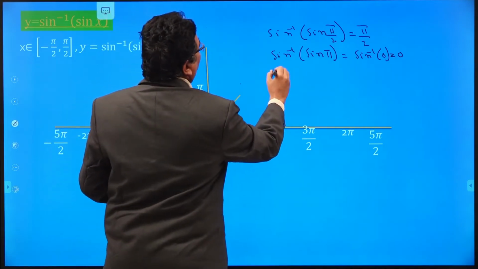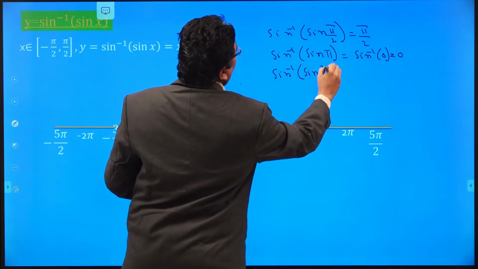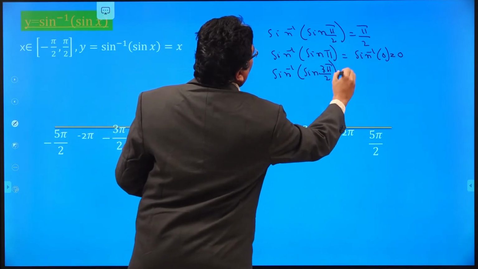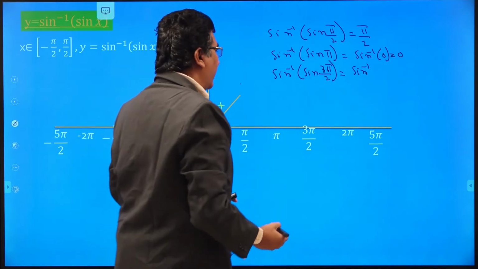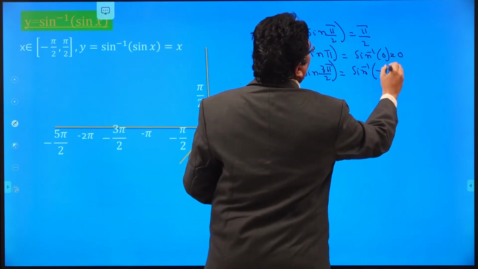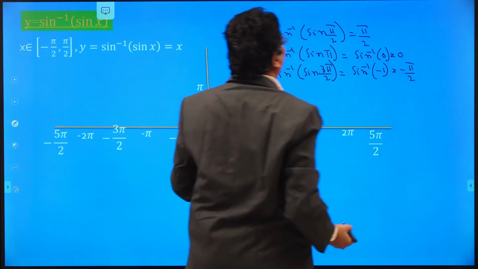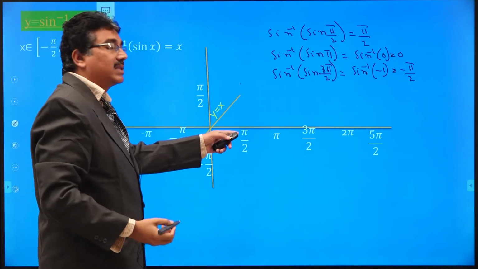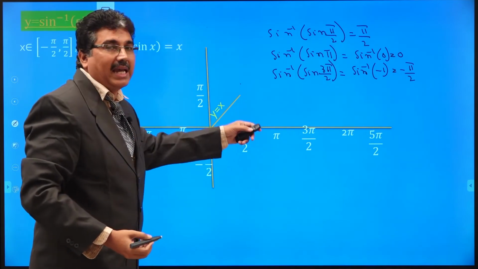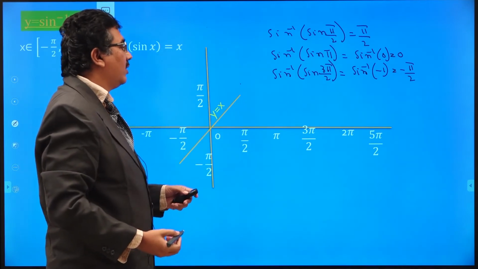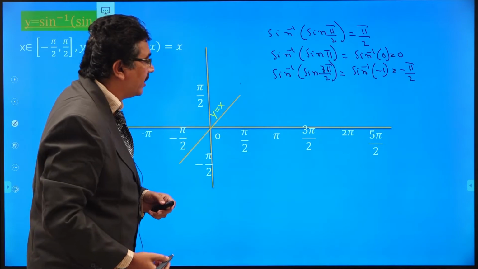Also find sine inverse of sine 3 pi by 2. Sine 3 pi by 2 value is minus 1, sine inverse of minus 1 is equal to minus pi by 2. So sine inverse sine pi by 2 is pi by 2, sine inverse sine pi is 0, sine inverse sine 3 pi by 2 is minus pi by 2.